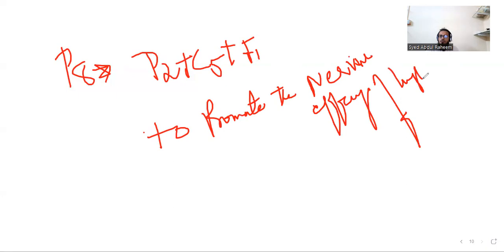So if there is a problem from the respiratory centers to the lungs, you can use P2 C5 F1. It will improve the connection between nerves and the lungs. Okay, so it is a very good remedy.